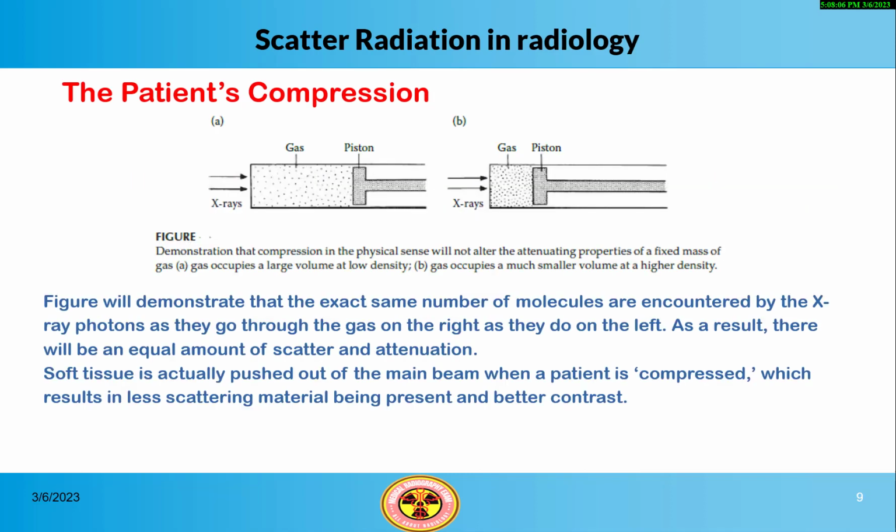Figures will demonstrate that the exact same number of molecules are encountered by the X-ray photons as they go through the gas on the right as they do on the left. As a result, there will be an equal amount of scatter and attenuation. Soft tissue is actually pushed out of the main beam when a patient is compressed, which results in less scattering material being present and better contrast.